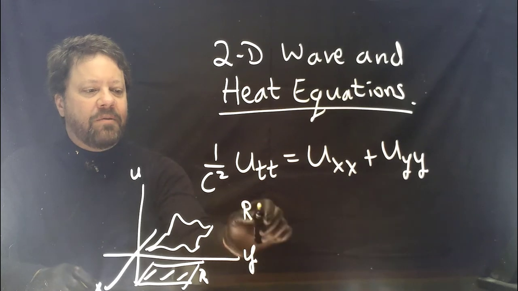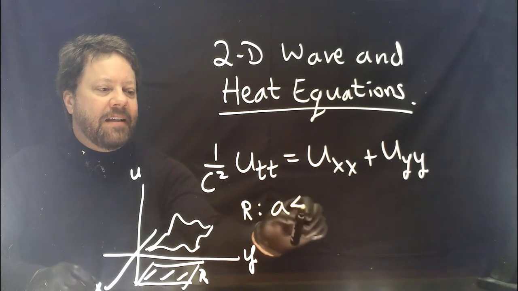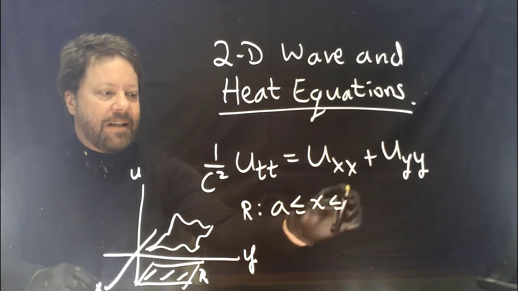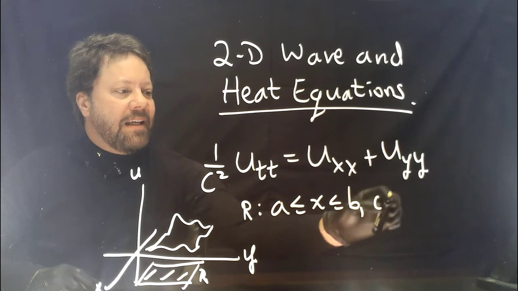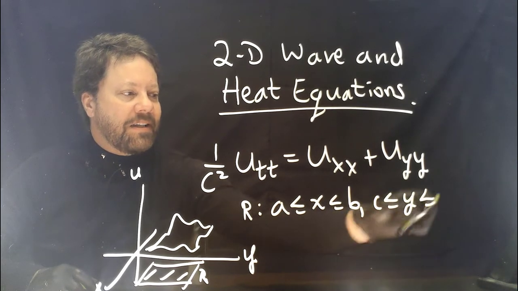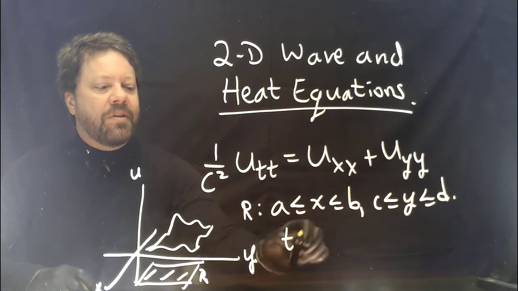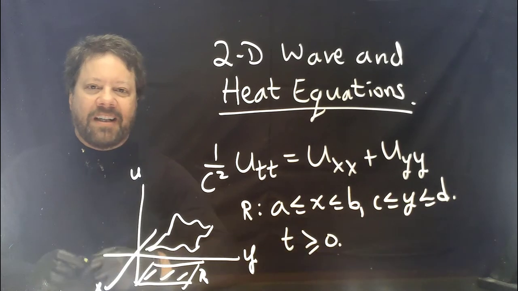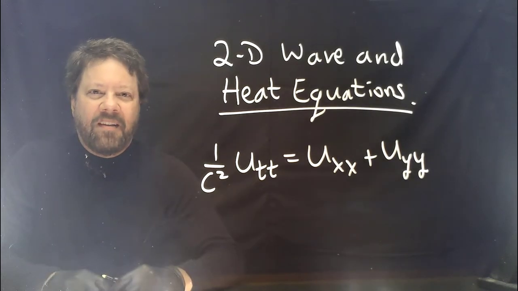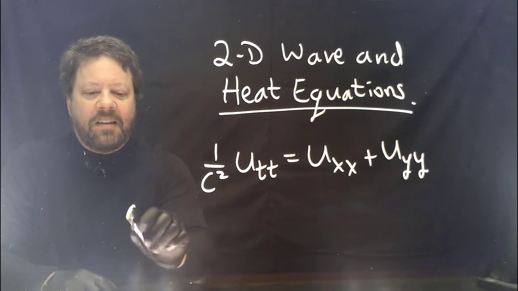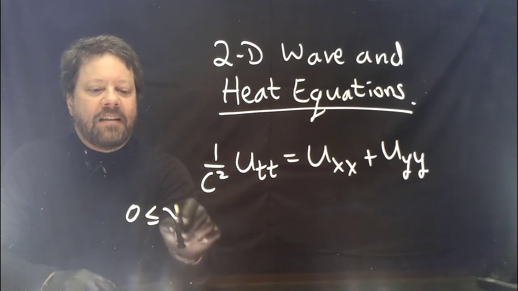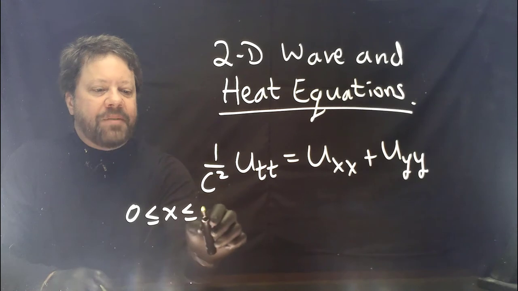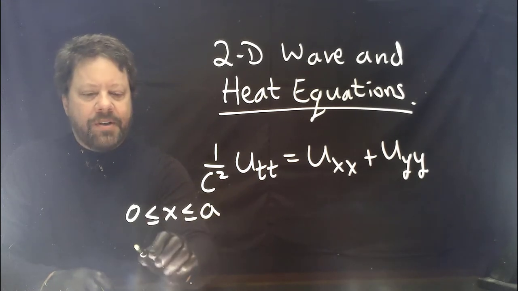The rectangle will be given by a is less than or equal to x is less than or equal to b, c is less than or equal to y is less than or equal to d, and of course t will be non-negative. To make things simple, let's suppose that the rectangular patch is centered at the origin.